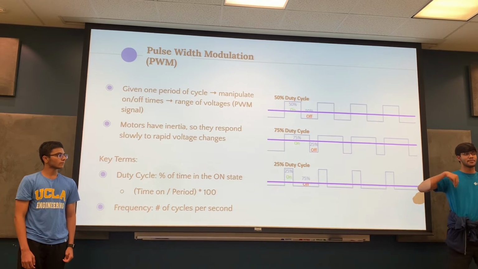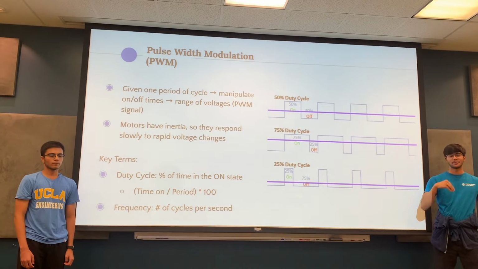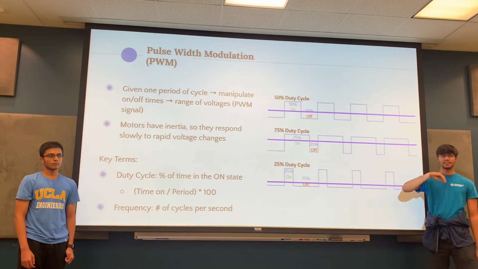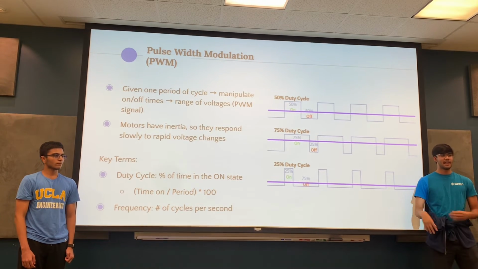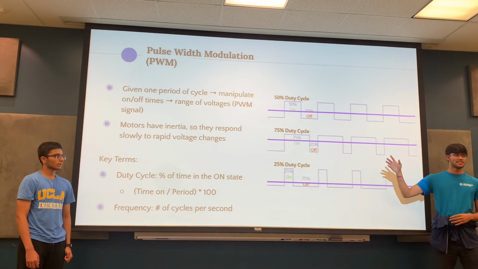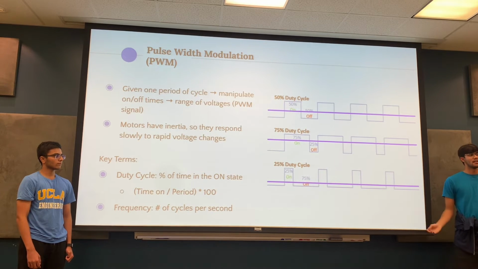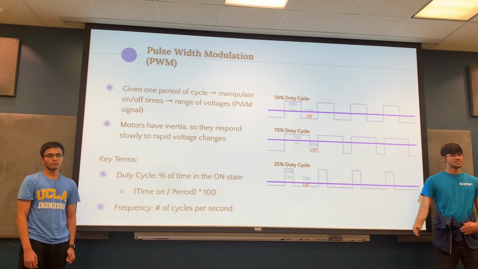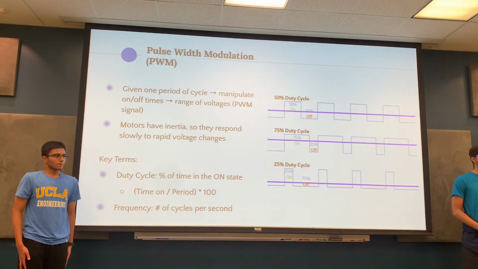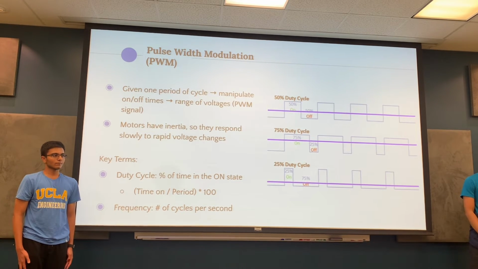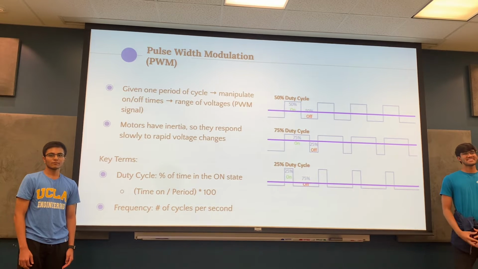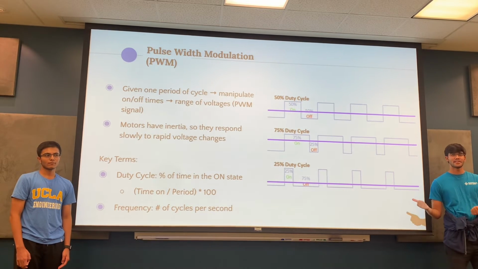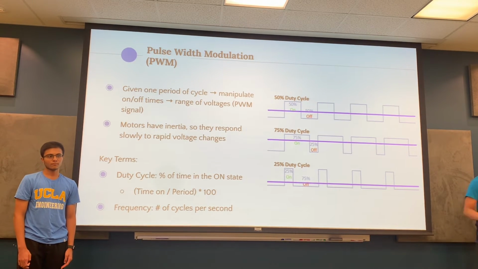You're supplying 5 volts 75% of the time, and 25% of the time you're not providing any voltage. This will then create a 0.75 times 5 output voltage, which is 3/4 times 5 volts, which is 15/4, which is, I don't know. So hopefully that makes more sense to everyone? Okay, cool.